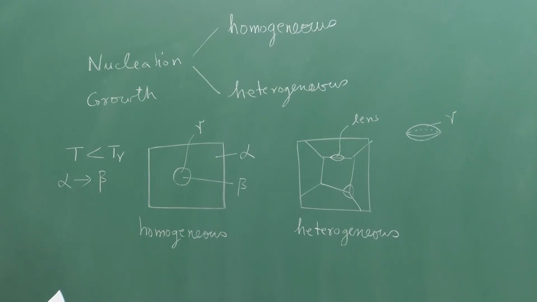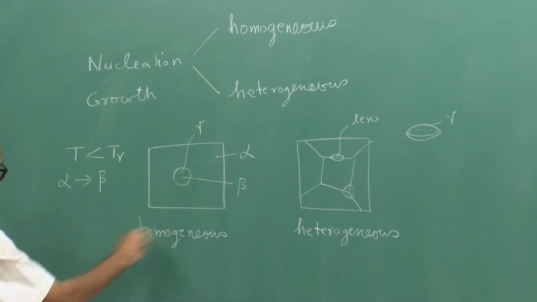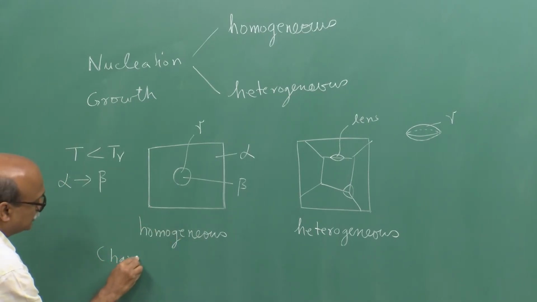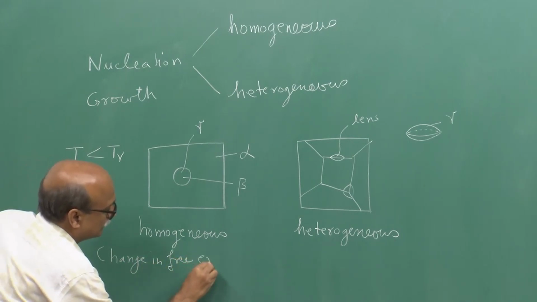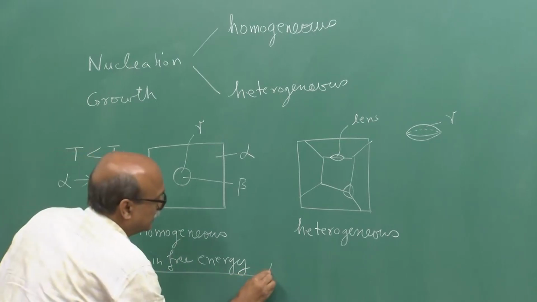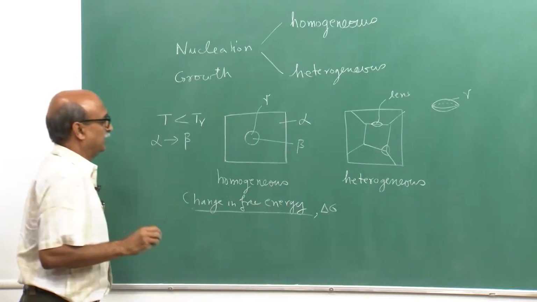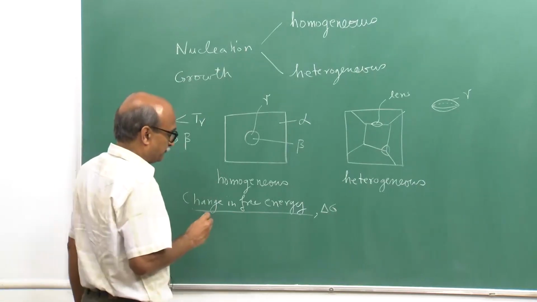What are the various terms that would go into the overall change in free energy? So, let us try and write an expression for the change in free energy, delta G, in the formation of a nuclei of a certain size.